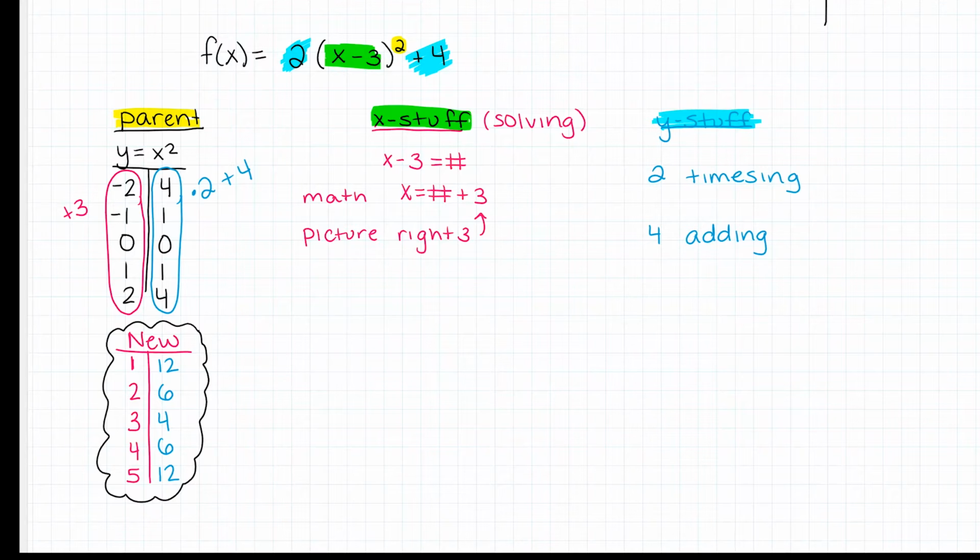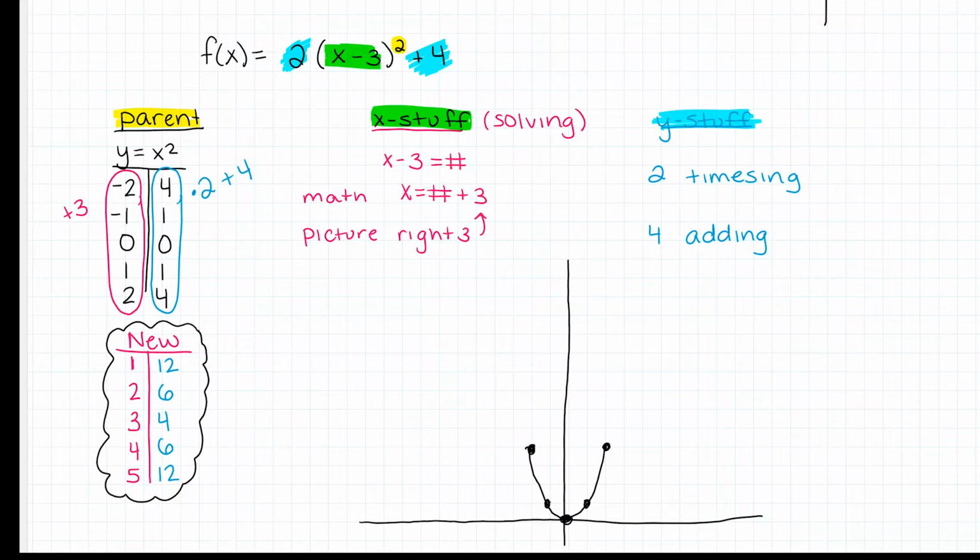So now I'm going to go ahead and make my original graph here. So the original graph had -2, 4, -1, 1, 0, 0, 1, 1, and 2, 4. Now, does this graph go up forever? Yeah, it sure does.